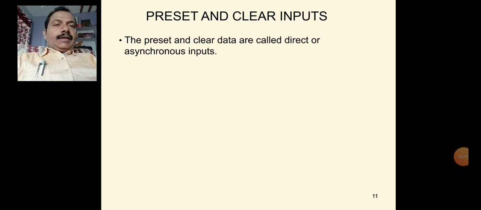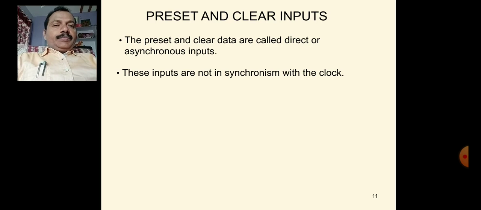Preset and clear inputs are called direct or asynchronous inputs. These inputs are not in synchronism with the clock. Independent of the clock, these two inputs, preset and clear, change the flip-flop state at any time.